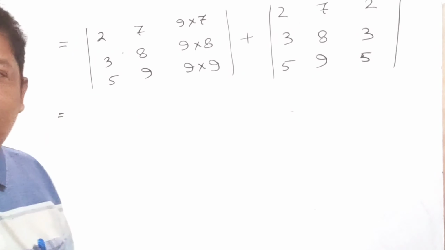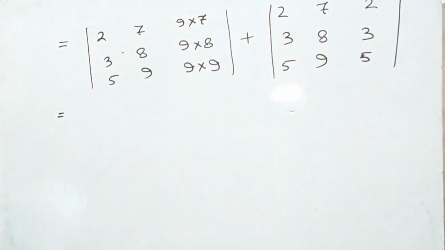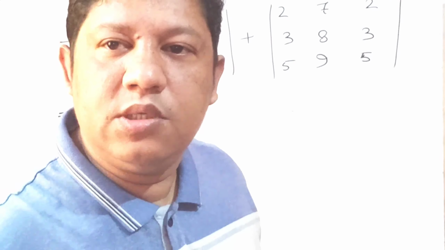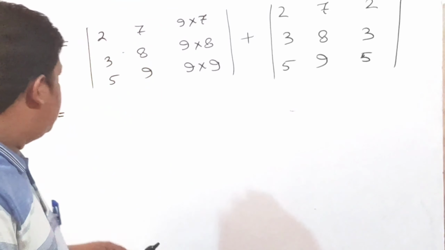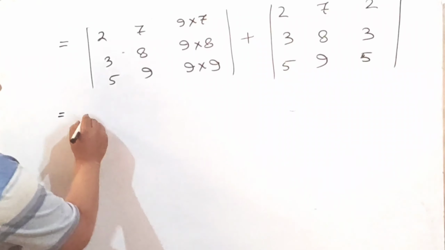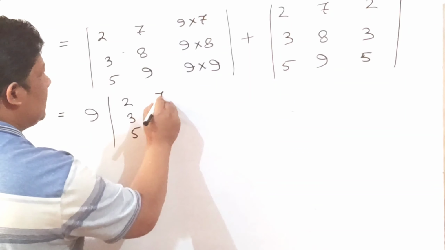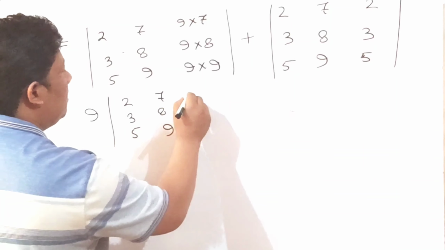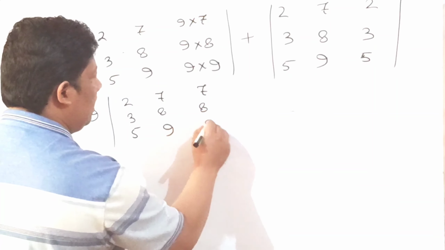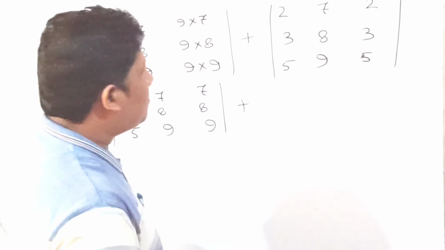If I take 9 common, then I get 2, 3, 5, 7, 8, 9, and the remaining numbers 7, 8, 9.